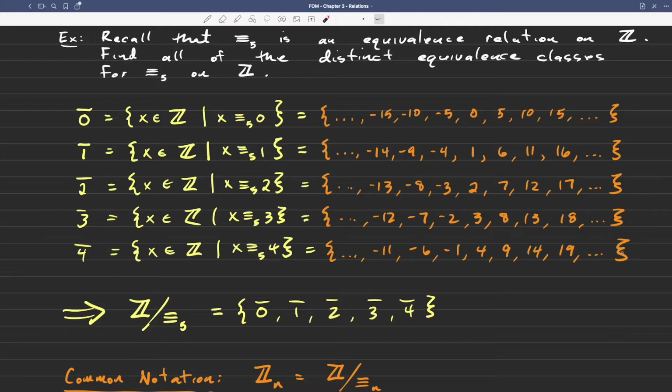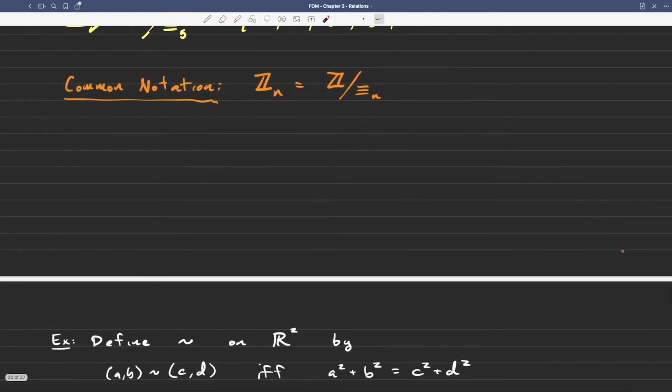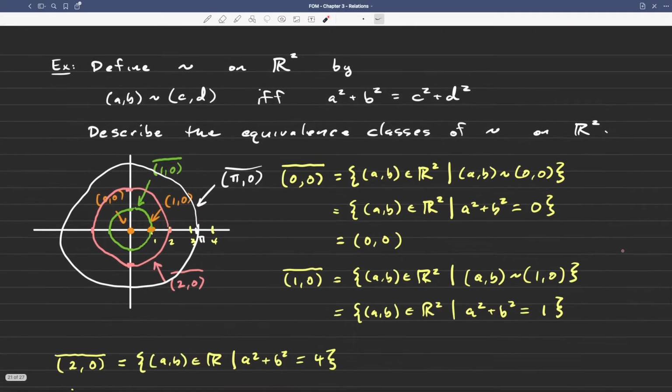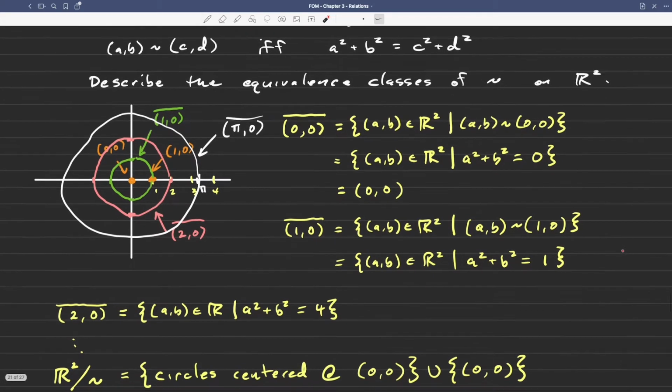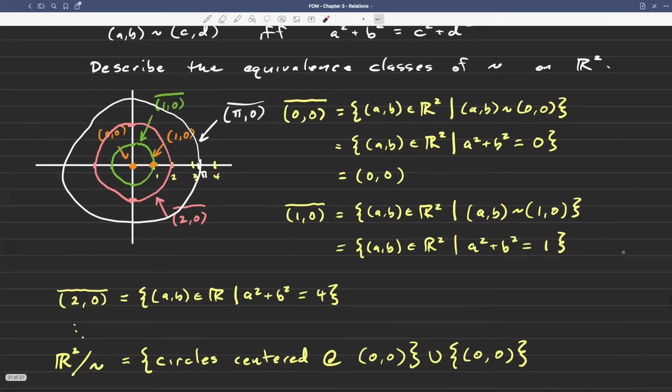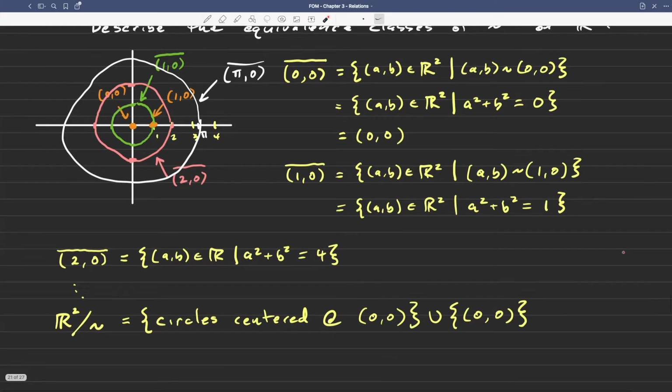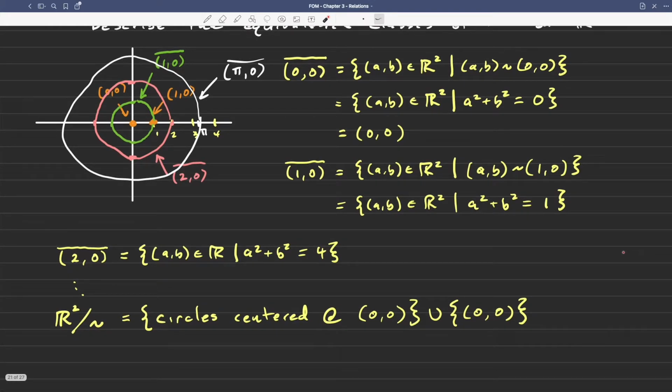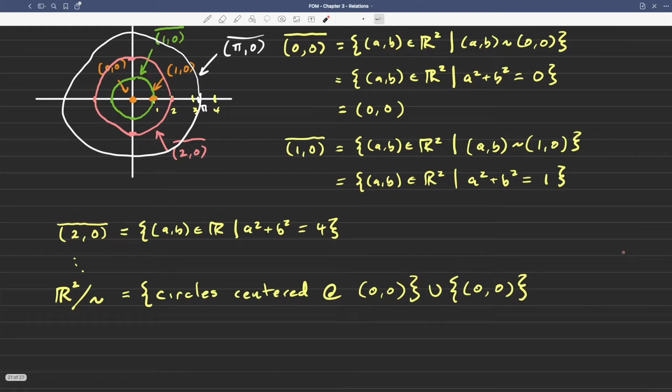And so they're all disjoint. So just like the first example, distinct equivalence classes are disjoint from one another. And the union of all the equivalence classes, in other words, the union of all the elements in the quotient space, forms the underlying set.